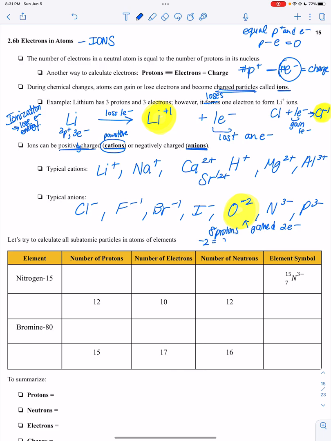Charge is equal to protons minus the number of electrons. If I do the math here, electrons must be 10 electrons. And then if I knew its mass was 16, that must mean that it also has 8 neutrons. Done. Because we know that mass minus protons is number of neutrons.